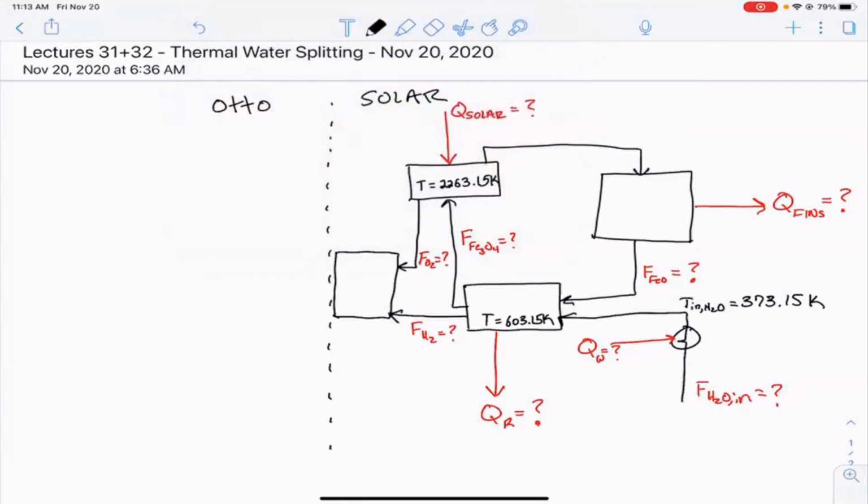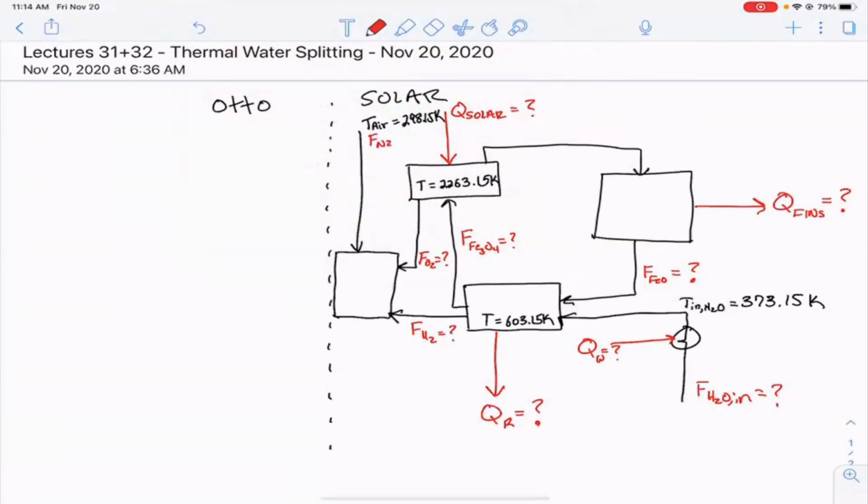The next thing that we're told is that before going into the Otto cycle, we were going to cool the gas down. And we're going to do that by feeding air. And we're going to say that the temperature of the air that's coming in is 25 degrees C, so 298.15 Kelvin. But we don't know what the flow rate of the air is.